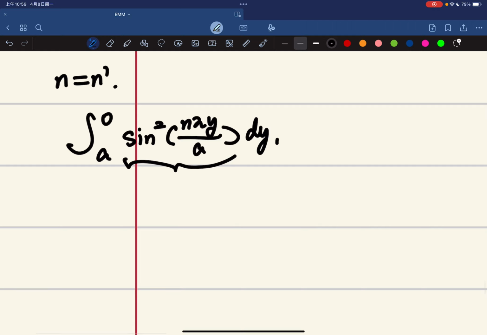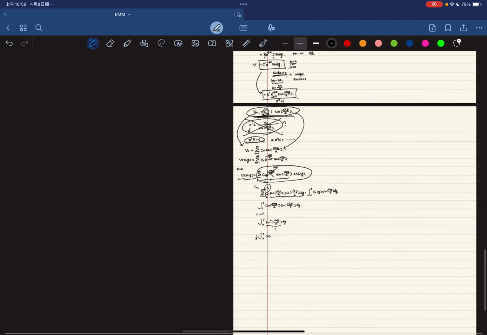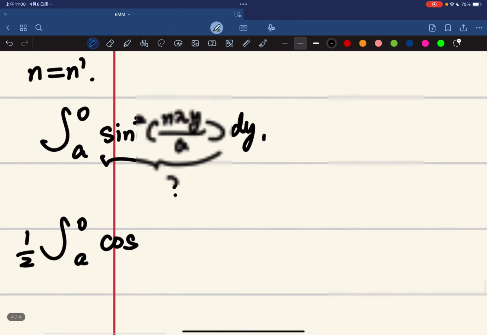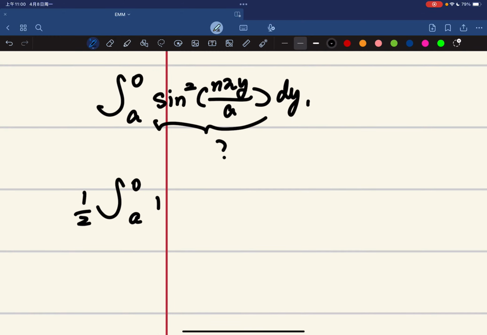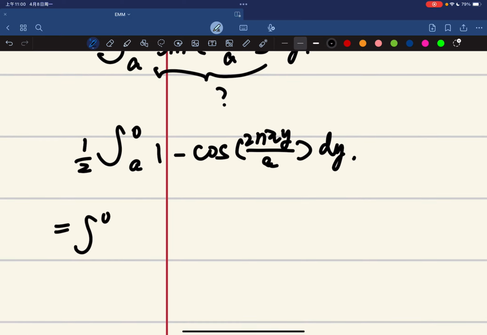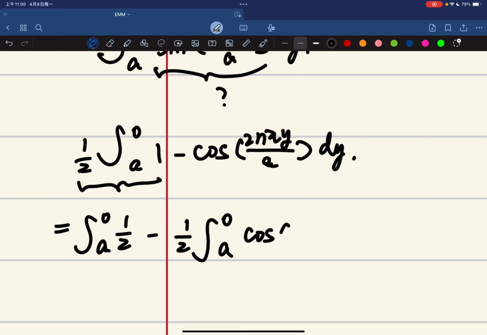Okay, and what is sine square? Sine square is actually equal to 1/2 of 1 minus cosine 2x. So it's the integral of 1 minus cosine 2n pi y divided by a, dy. Okay, and the first one will become 1/2. So it's this. And the second one will be 1/2 cosine.